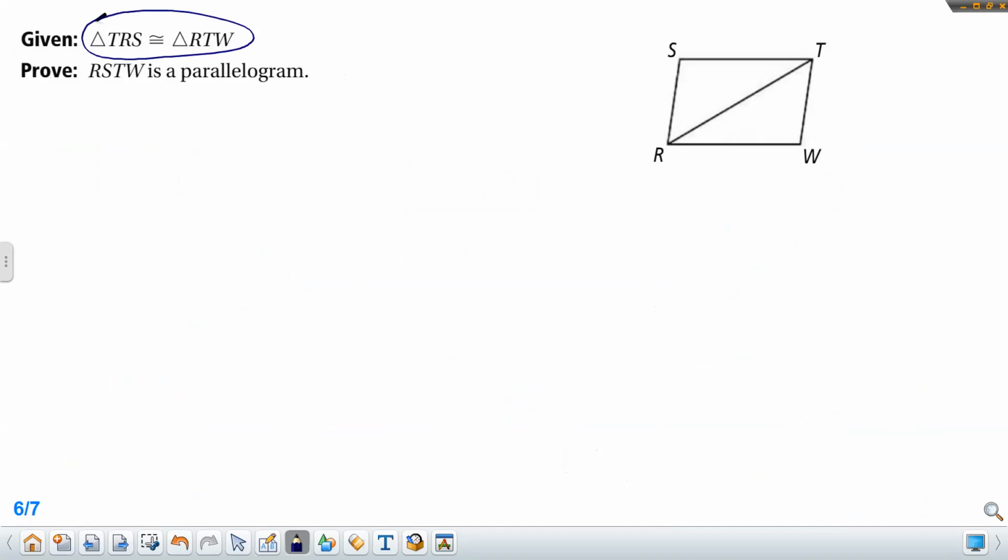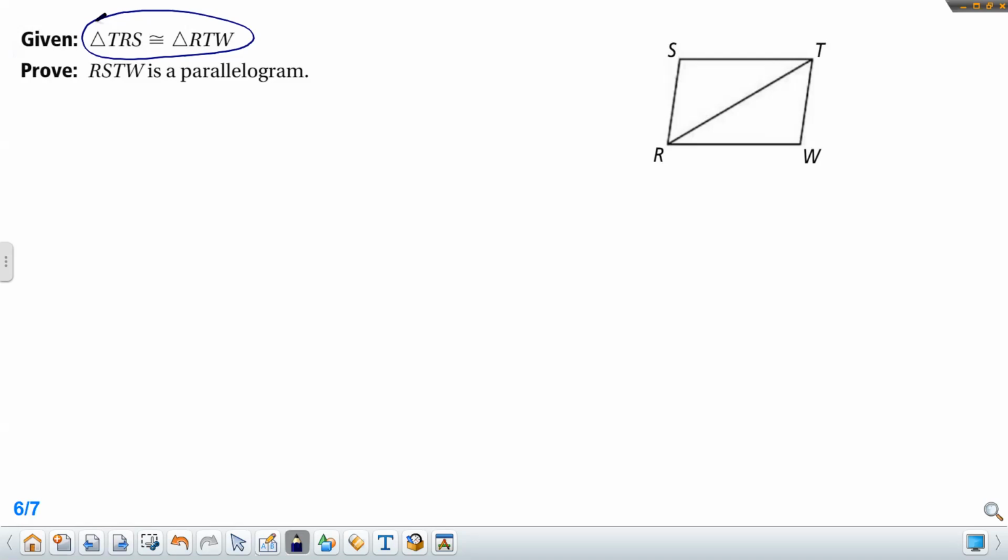What does congruent mean? Congruent means corresponding angles are congruent and corresponding sides are congruent. How do we prove this figure is a parallelogram? We can use properties of congruence.